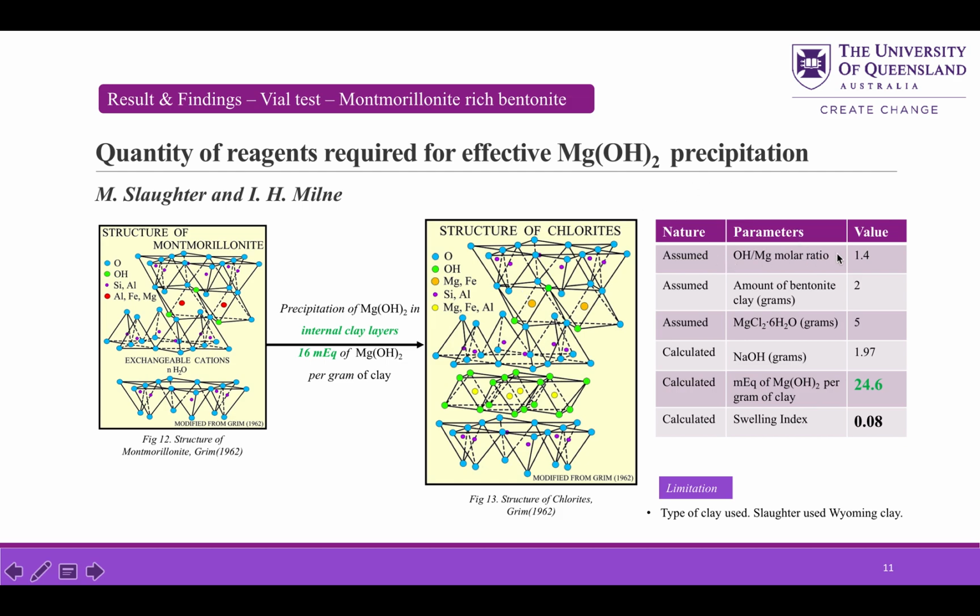In this case, I did consider 1.4 as a suitable molar ratio to inhibit swelling of bentonite when treated in formation water, and on calculating we did identify 24.6 milliequivalent of magnesium hydroxide per gram of clay, which is a little bit higher than 16 MEq, and this accounts for the precipitation of magnesium hydroxide in the internal layers as well as the outer layers of the clay structure, yielding a swelling index as low as 0.08.